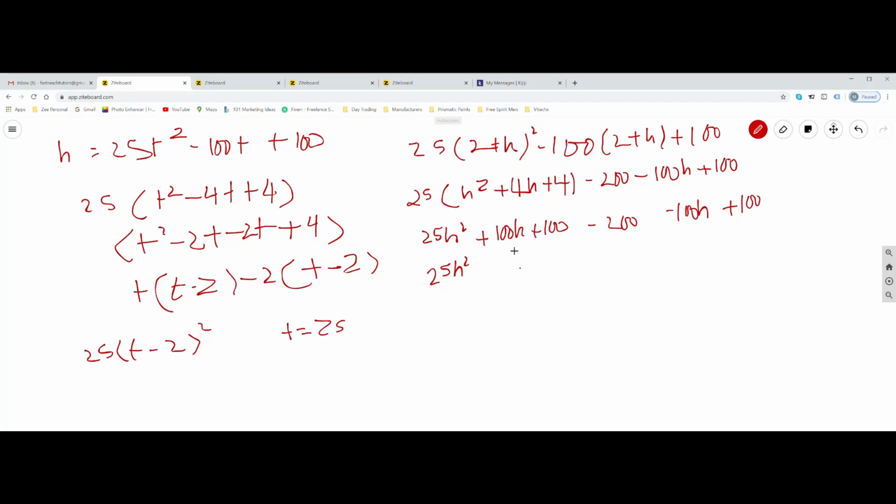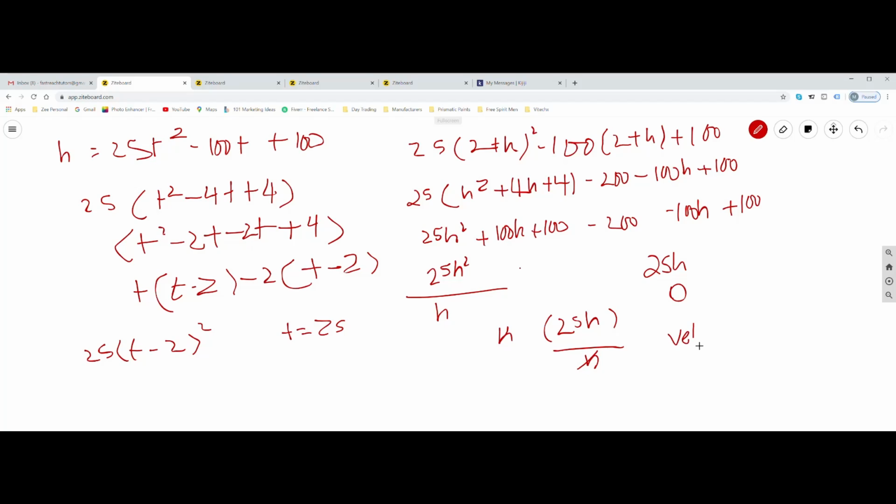So 25h, 100 plus 100, so take out the h, so you're left with 25h. So when you substitute the 0, the velocity would be equal to 0.